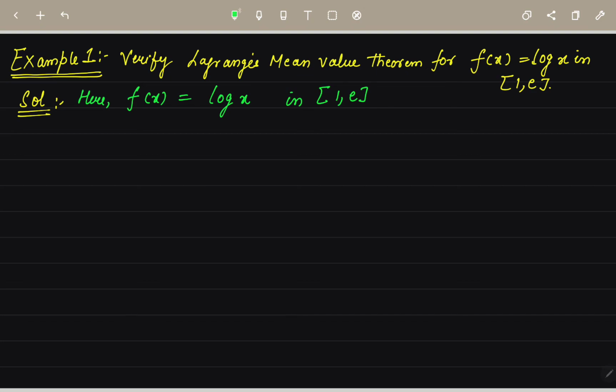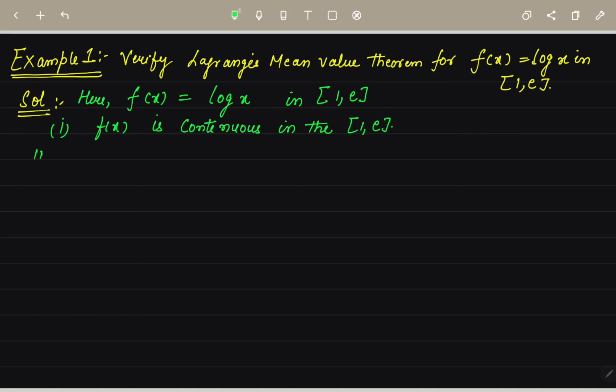So I will write here first point: f of x is continuous in the closed interval 1 and e.